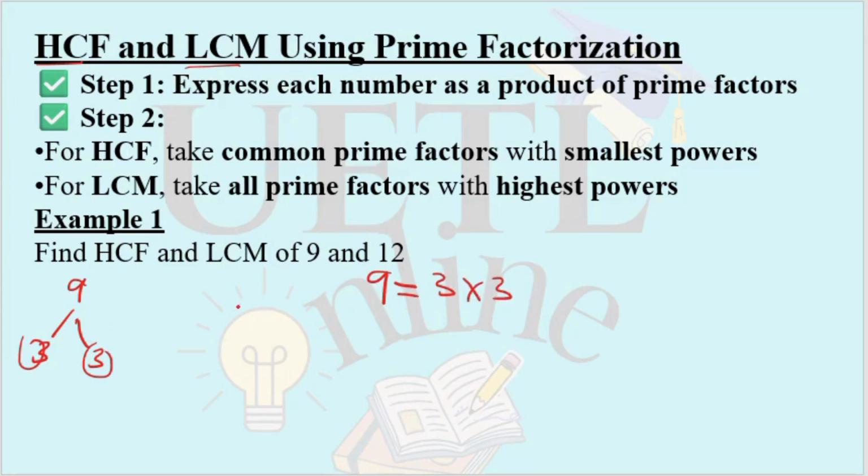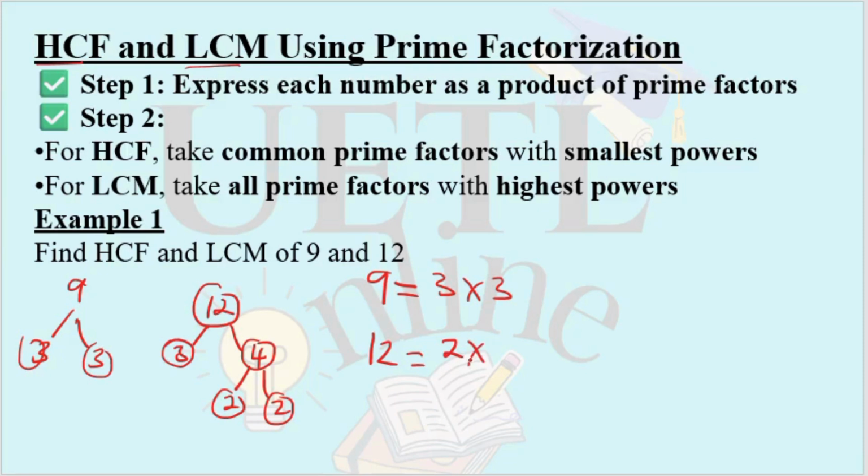Then we have 12. Here we have 3 and 4. The 3 is a prime factor. Then on this 4, we just have to say 2 and 2. So our prime factors are 3, 2 and 2. So 12 is equal to 2 times 2 times 3.